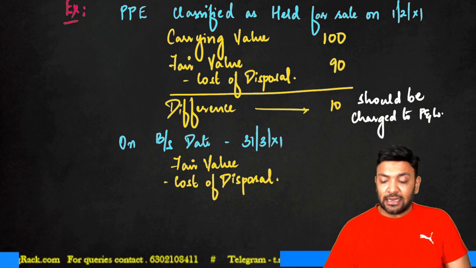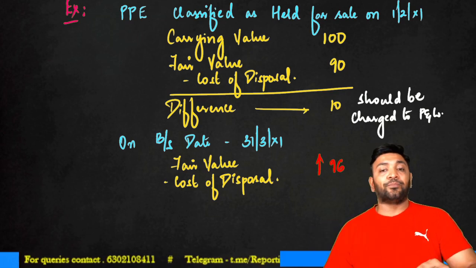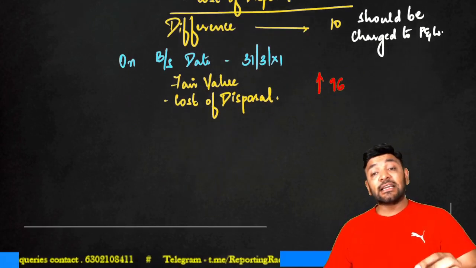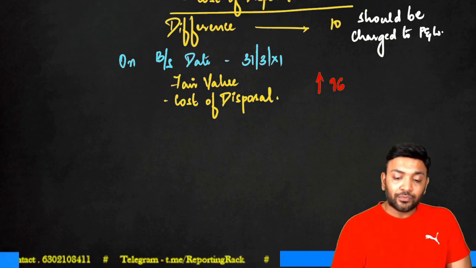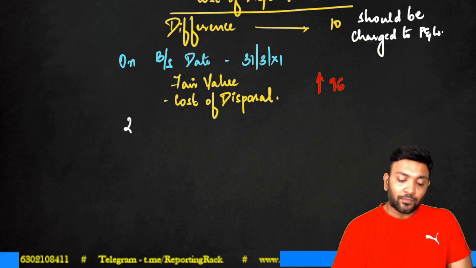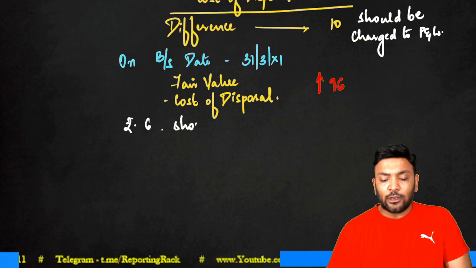What is the amount of increase? Let's say it has increased to 96. Then that 6 rupees should be credited to P&L.